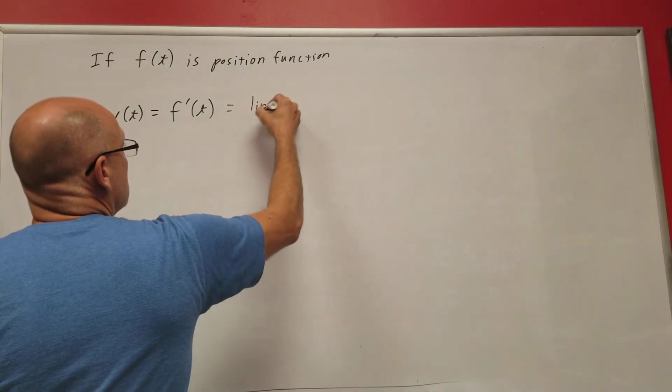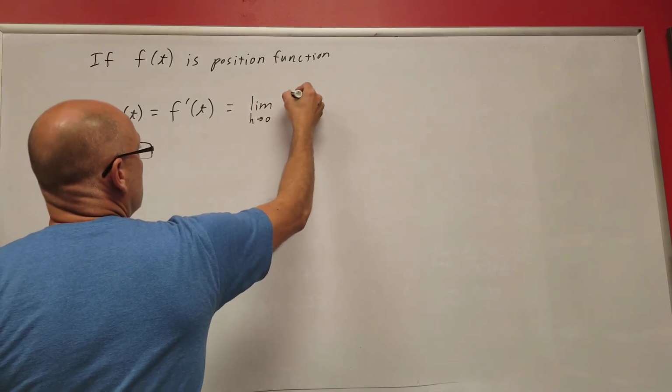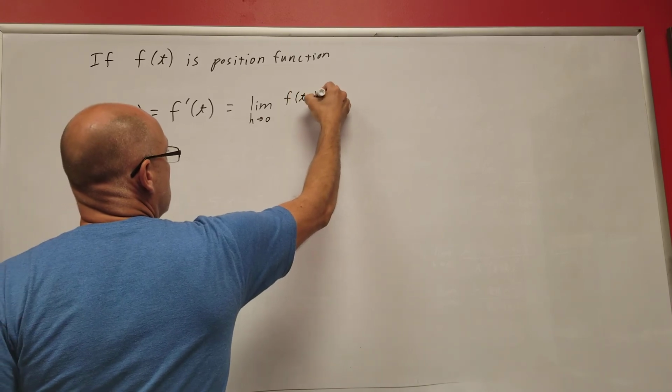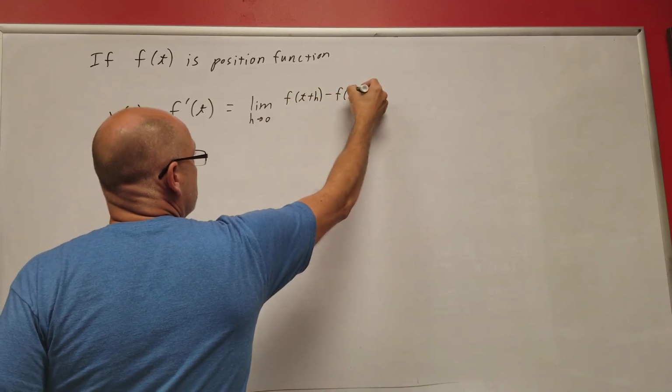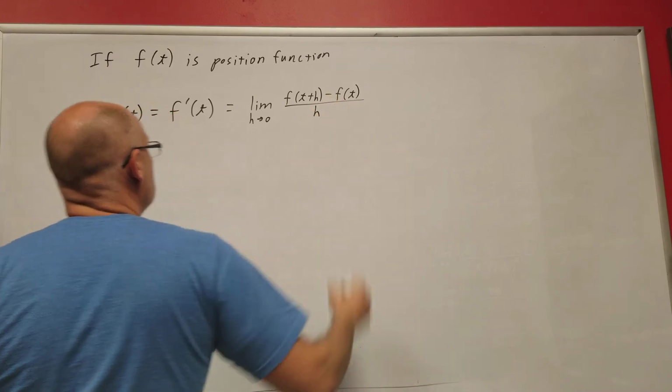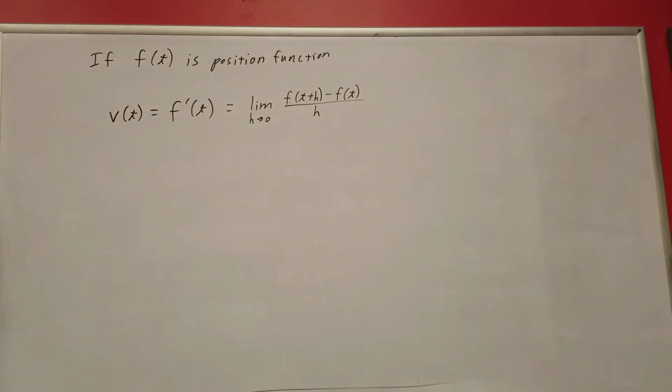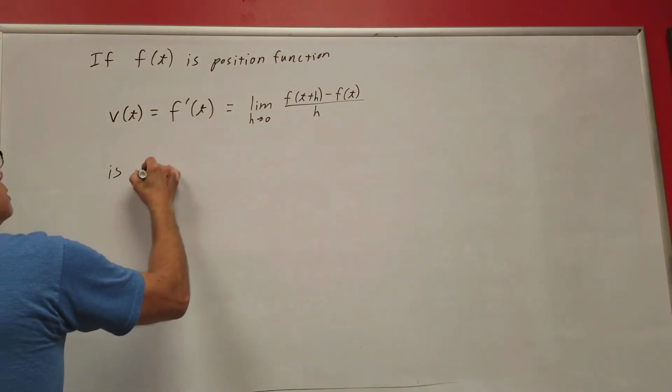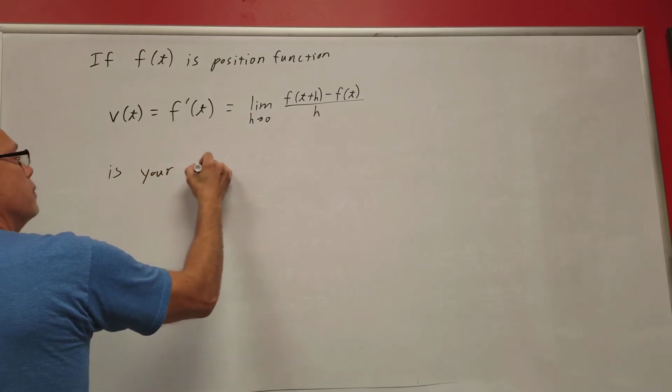The limit as h approaches 0 of f at t plus h minus f of t all over h is your velocity function.